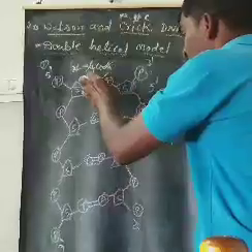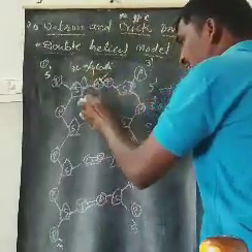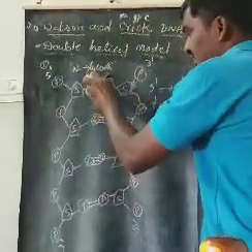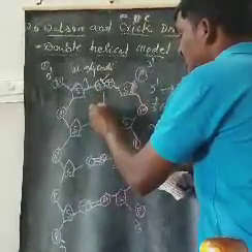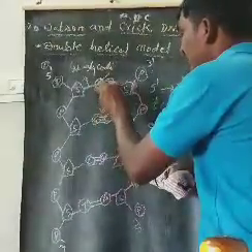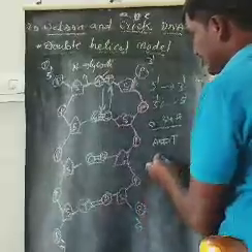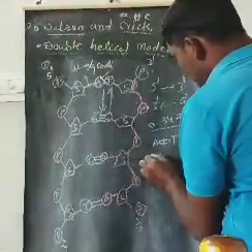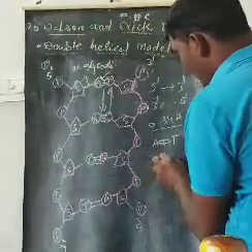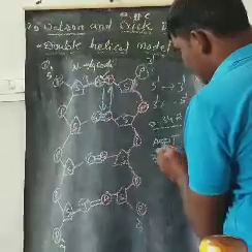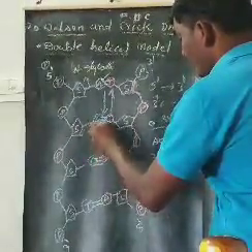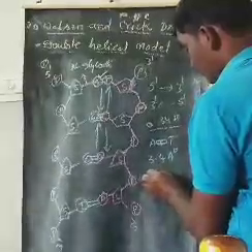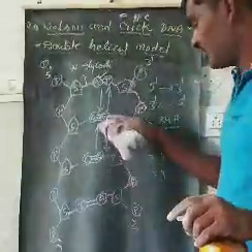And one nitrogen base pair and another nitrogen base pair have an equivalent distance. So this one to this one has an equivalent distance of 3.4 angstrom units. So keep it in your mind.